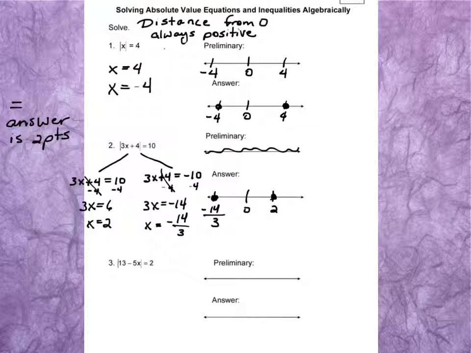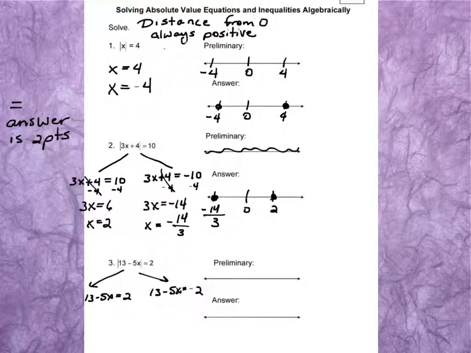Okay, now again, same thing, set up two equations. One, 13 minus 5x equals 2. And the other one will be 13 minus 5x equals -2. Solve them.